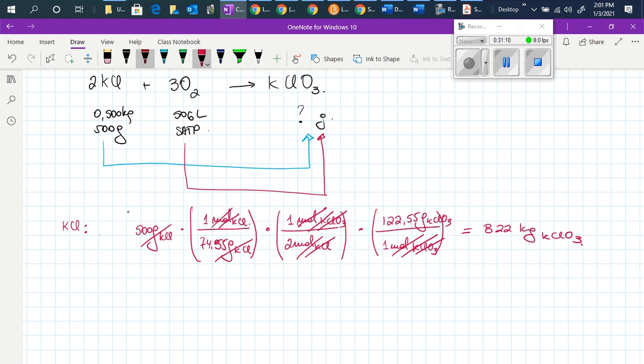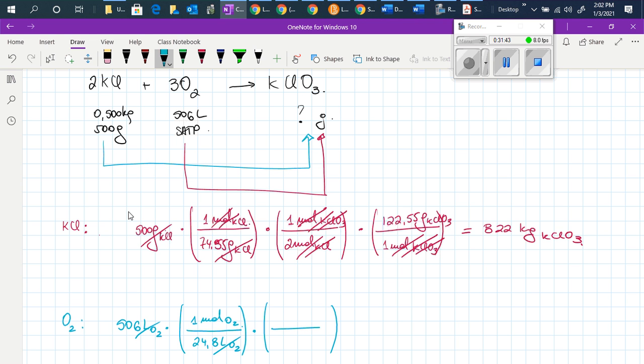And then what I said is that you use oxygen now. So you start with 506 liters of oxygen times the molar volume at SATP conditions. That is 24.8 liters of oxygen per 1 mole of oxygen. Liters of oxygen cancel out, and then you will use the molar ratio. 3 moles of oxygen is 1 mole of KClO3.